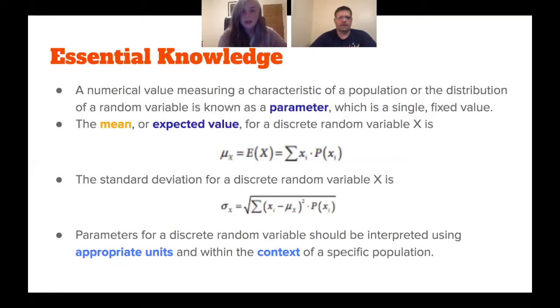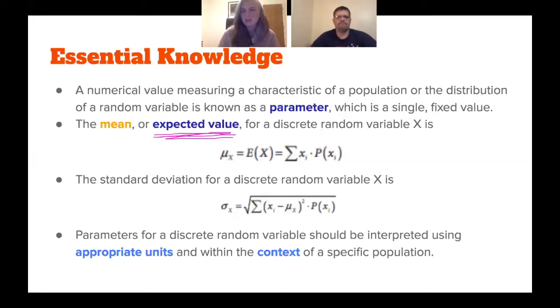When we're talking about these discrete random variables, we tend to call them expected values rather than mean. If you think about that, it makes sense. A mean is what we expect. It's what happens on average. Like when you're driving to school in the morning, you would expect to see 22 cars. On average, you're going to see 22 cars. So it's the same concept.